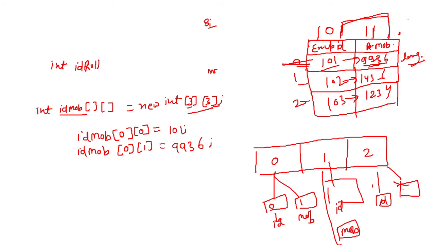Internally it is an array inside an array, not rows and columns. You can see I have declared the array, but this is an array inside an array. This is your outer array, and inside, this is your first array, this is your second array.